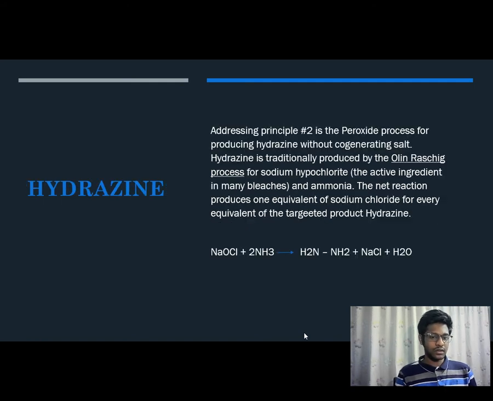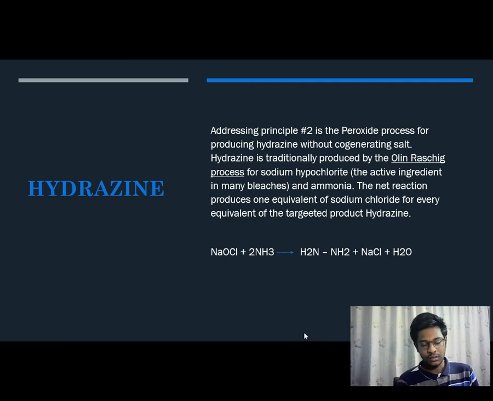Hydrazine is a chemical, and this is an example of preparing hydrazine with the help of green chemistry, addressing principle two, the peroxide process for producing hydrazine. Without co-generating salts, hydrazine is traditionally produced by the Olin Raschig process from sodium hypochlorite, which is an active ingredient in many bleaches, and ammonia.